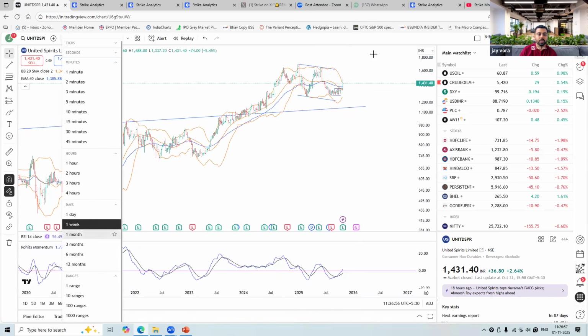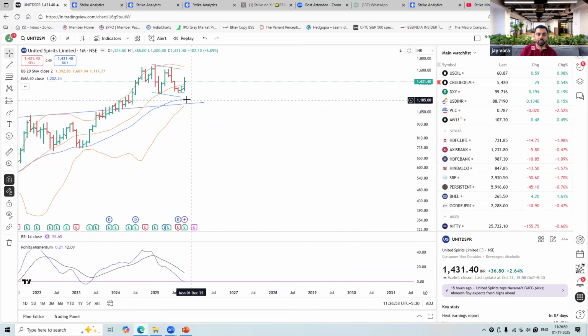So maybe I thought there is a possibility of a correction, probably till here, where it might end up forming a channel and then rise higher. But nevertheless, from this move only, it has almost come back towards the zero line, and there are a lot of short build-ups that are there. So it is possible that it can end up forming some sort of triangular pattern or something like that.